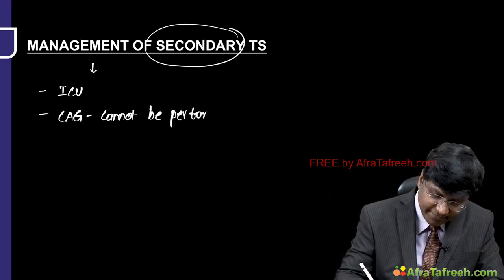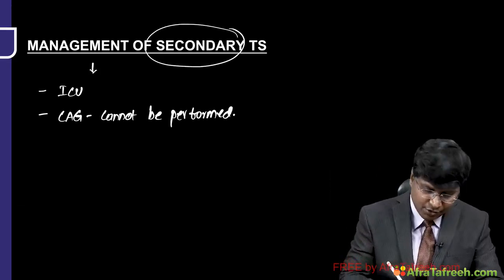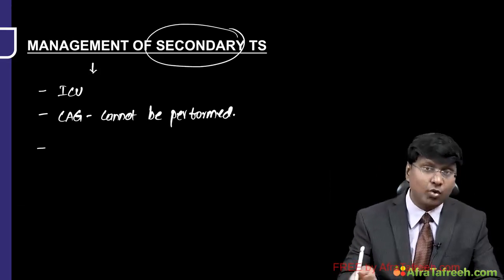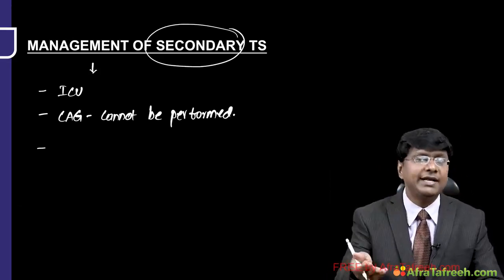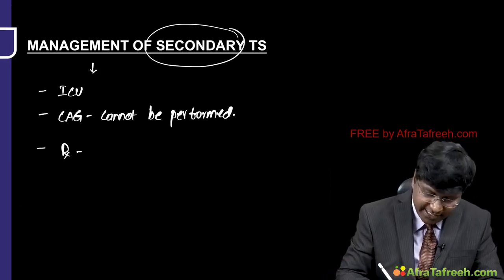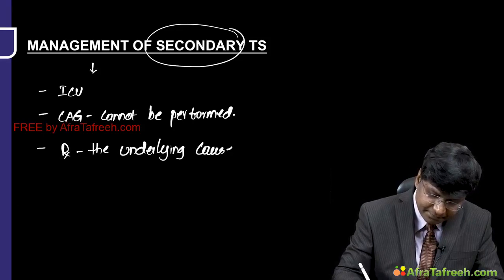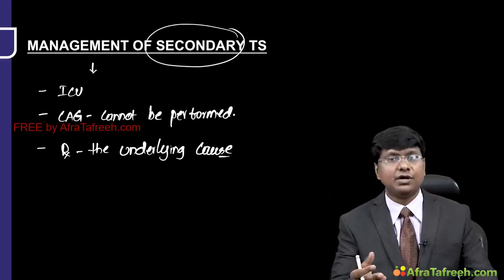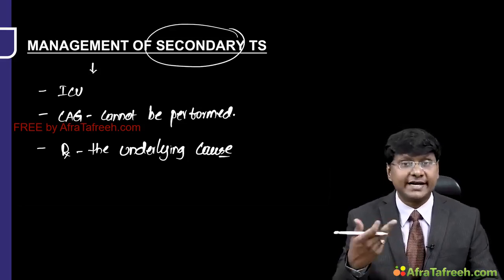So you have to diagnose the underlying medical, surgical or obstetric condition, and accordingly treat the underlying cause. And once you treat the underlying cause, the individual's Takotsubo cardiomyopathy will also try to recover.